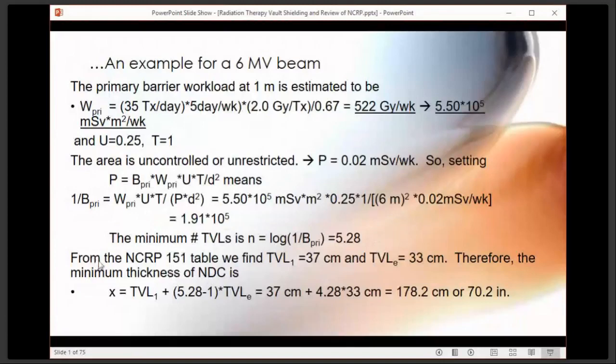And from NCRP 151, we find that for 6 MV, again, the TVL1 is 37 centimeters and TVL-E equilibrium is 33. And we plug into our thickness formula, assuming normal incidence, and we get a total of 178 centimeters, or 70.2, a little over 70 inches of normal density concrete.